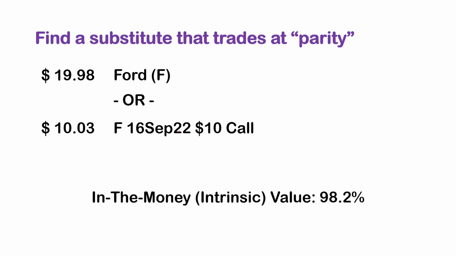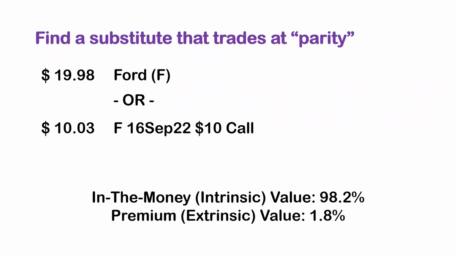In this case, if you analyze that option I selected, it's got 98.2% of its value as in-the-money value that operates dollar for dollar with Ford stock, and only 1.8% is extrinsic value. So for the most part, it is trading at parity.